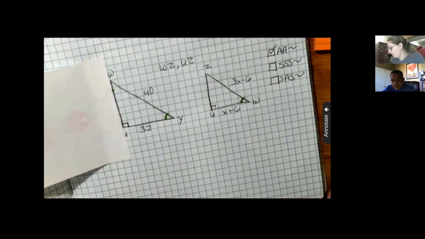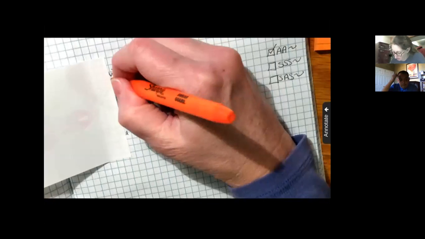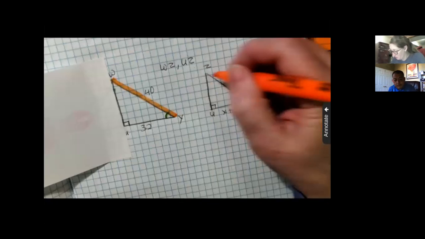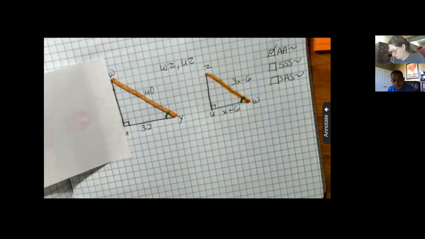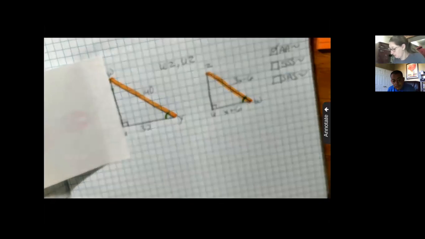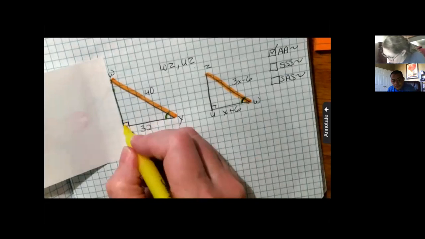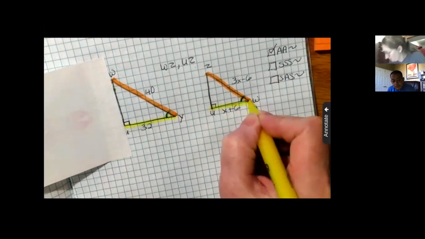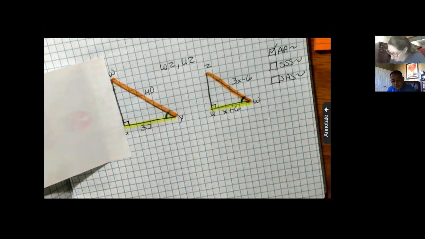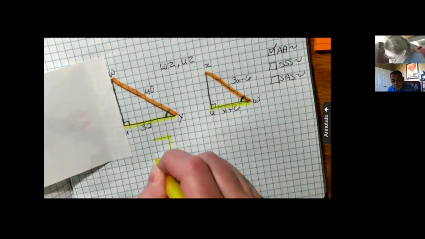So now we say, okay, which sides are the same? Well, we're going to compare WY to ZW, all right? And we're going to compare UY to UW. So I'll get my little boxes out.